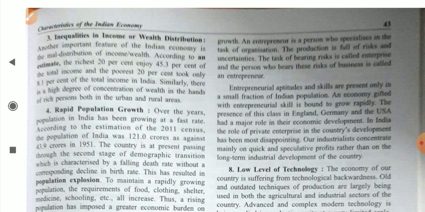He is the specialist. Production is full of risk and uncertainties. The task of bearing risk is called enterprise, and the person who bears these business risks is called an entrepreneur, according to the definition of Schumpeter.